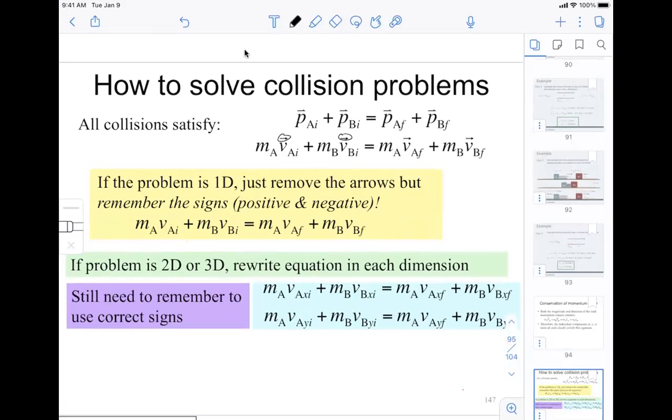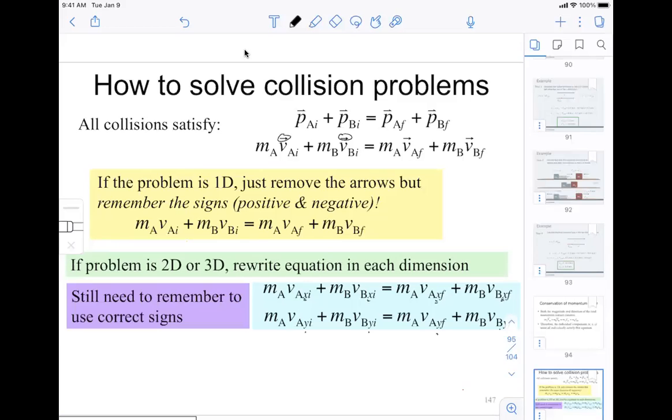So the velocity of A in the x component, plus the velocity of B in the x component, equals the final velocity x component for A and for B, right? You can do the same thing for the y component. So no matter if it's a 2D problem or even 3D, you can simply apply this equation over and over again in each of the dimensions.